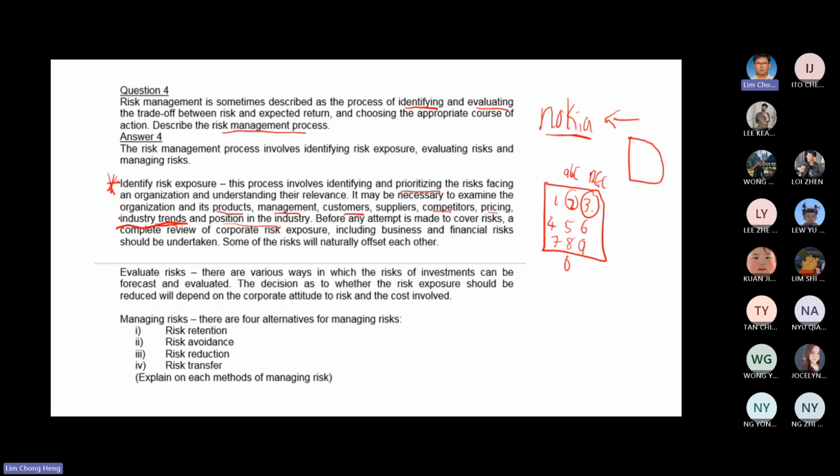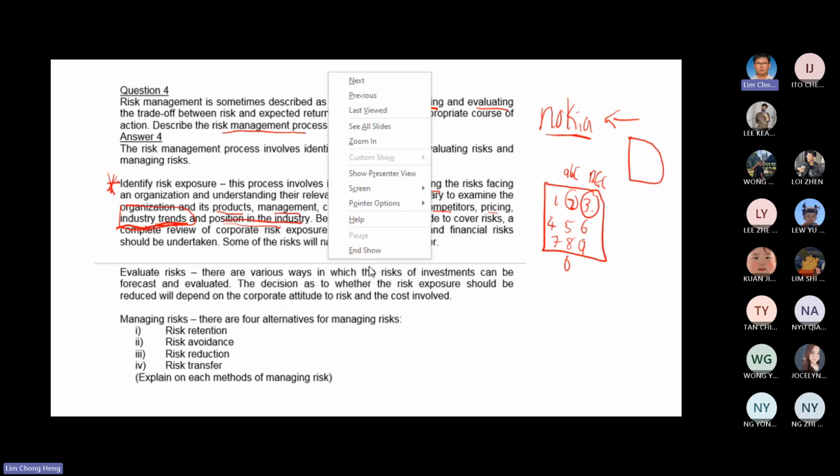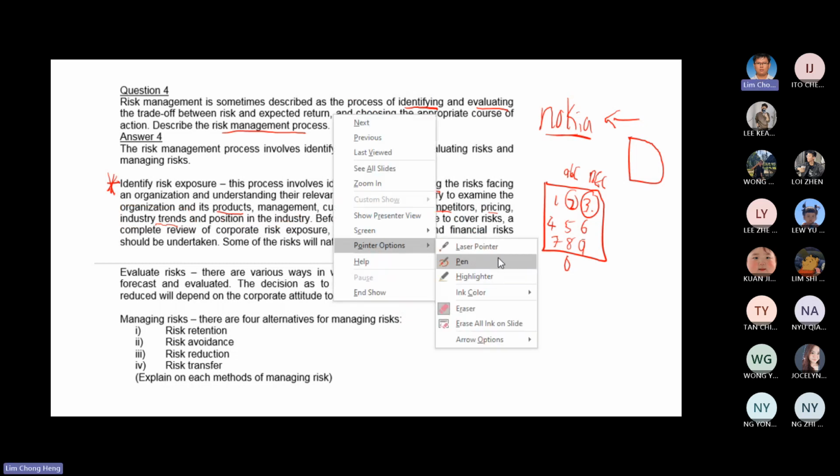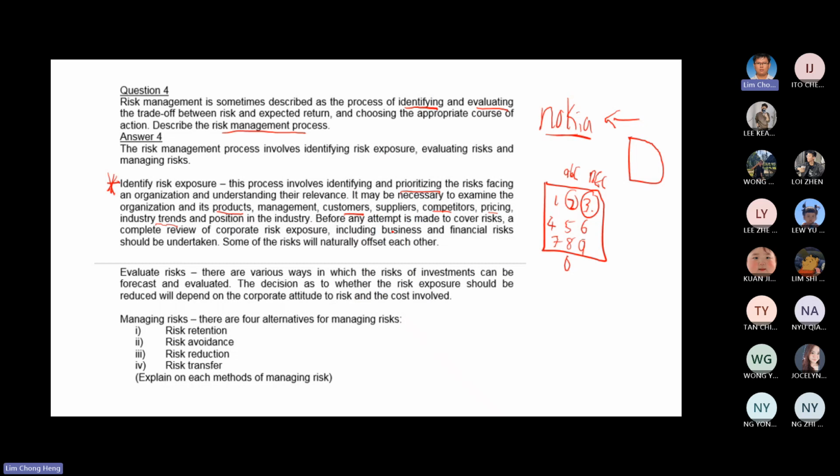So industry trend and your position in the industry. You need to have an overview, a complete view of the company's risk exposure, including the business and finance risk, and some risks that will offset each other.